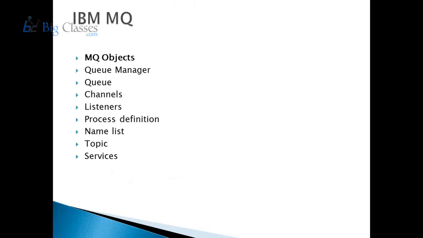The next session covers MQ objects. In order to communicate from one business system to another, one application to another application, we need to create some objects. Those are called MQ objects. The important objects I have listed here. The first one is the queue manager.